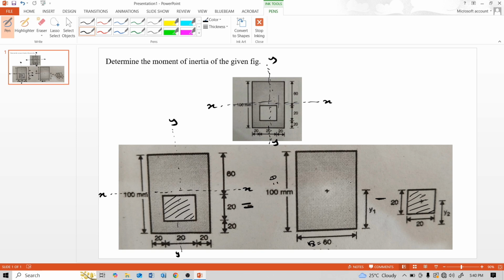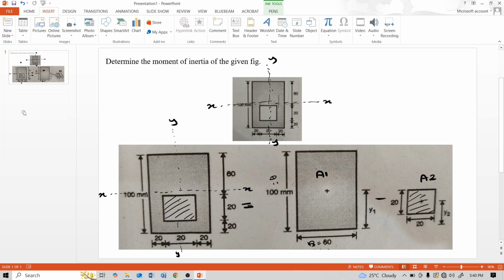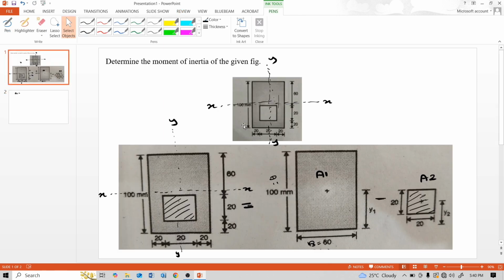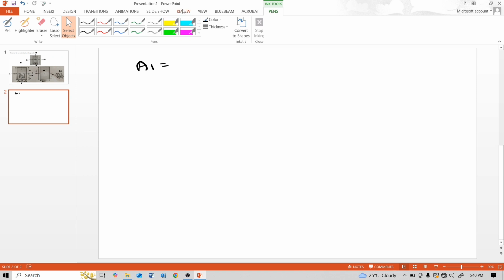So the area of this rectangle is A1 and the area of this small part is A2. First consider the A1 area. The area of this rectangle is D into B, that means 100 mm by 60 mm, that is 6000 mm square.